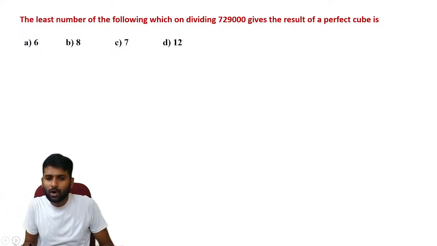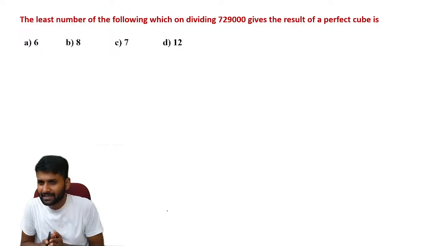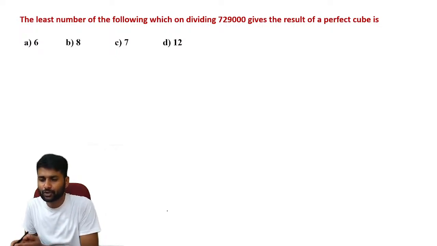The least number by which, on dividing 7,29,000, gives the resultant of a perfect cube.